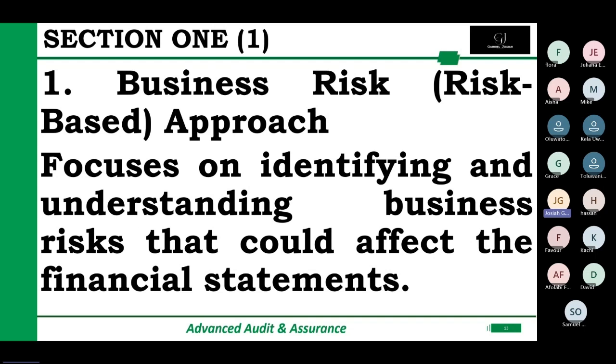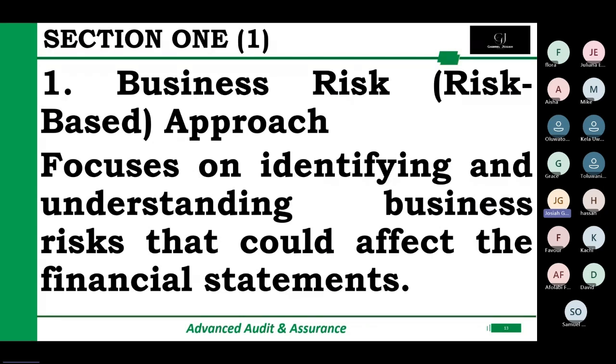Speaking to the first strategy on the business risk approach. The business risk approach focuses on identifying and understanding business risks that could affect the business. So risks around the business generally that will culminate in the financial statements production are business risks.